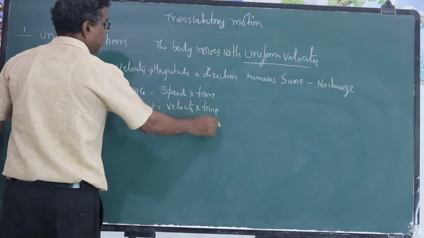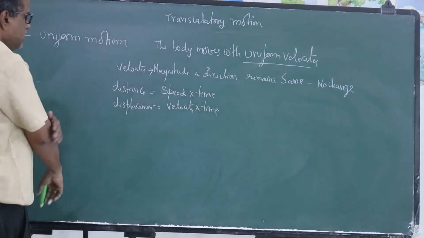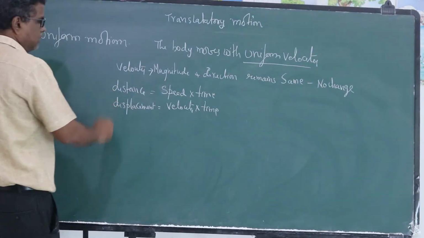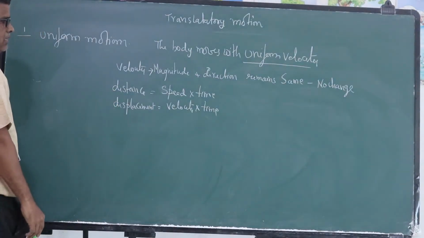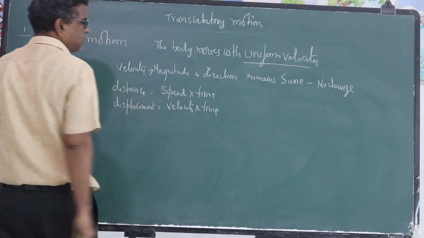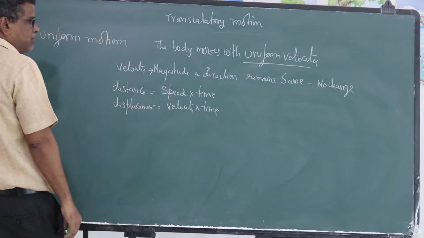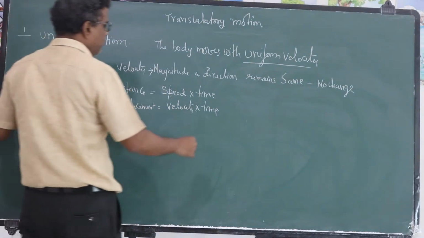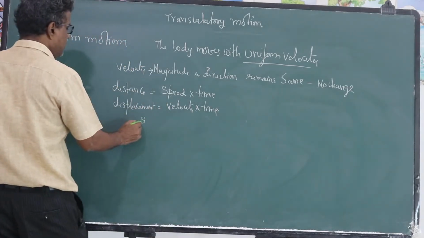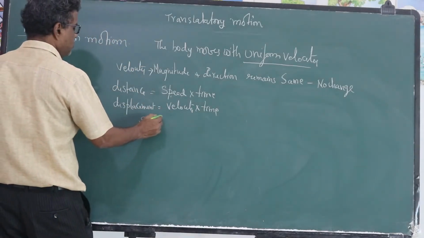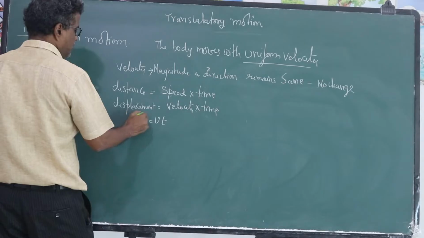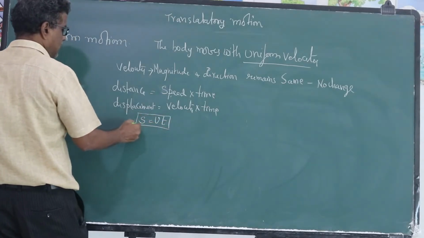So in one-dimensional motion, distance and displacement both are same, speed and velocity are same if a body moves in a straight line. So formula-wise we can write S is equal to Vt.